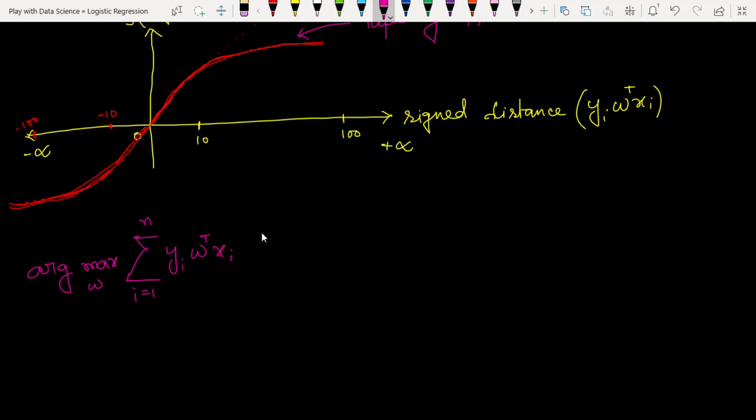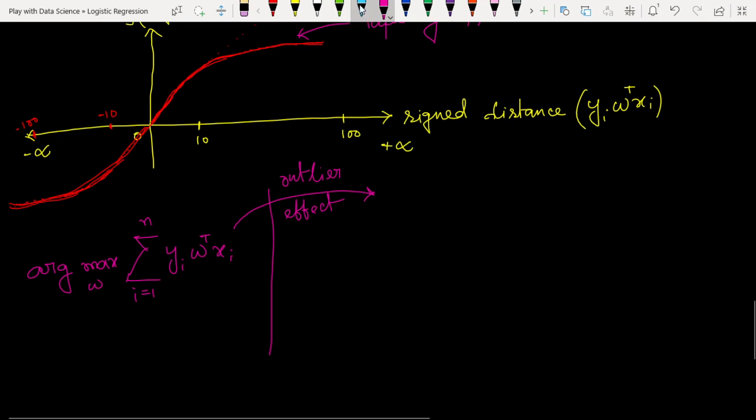Okay, this is our mathematical problem. And after the outlier effect, what do we have changed in this function?